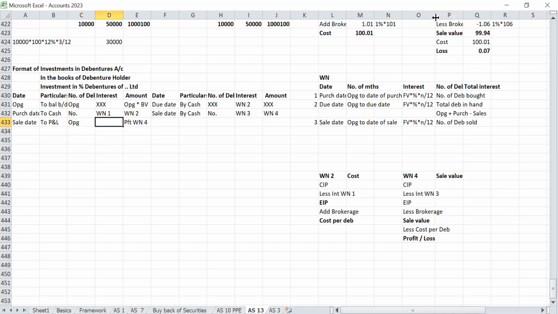No debenture, no interest, only the amount you should write. If there is a loss, by P&L, no number of debentures, no interest, amount only as per working note number 4, loss.